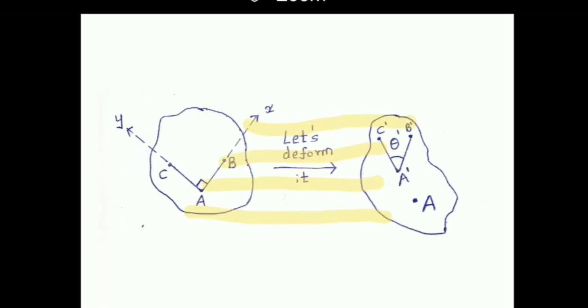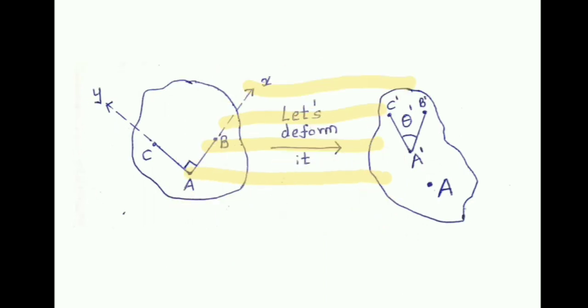Now moving on to the actual part. Okay, so someone asks you in an interview, tell me, how will you explain shear strain? So now we are going to do that. So see, there is an undeformed body, and then we are deforming it, and this is the shape.